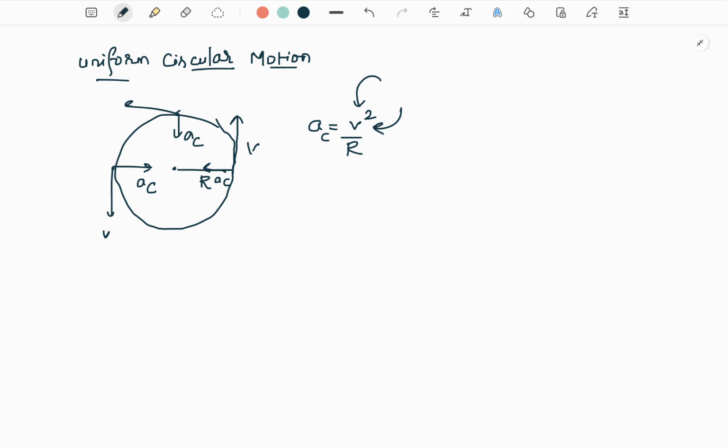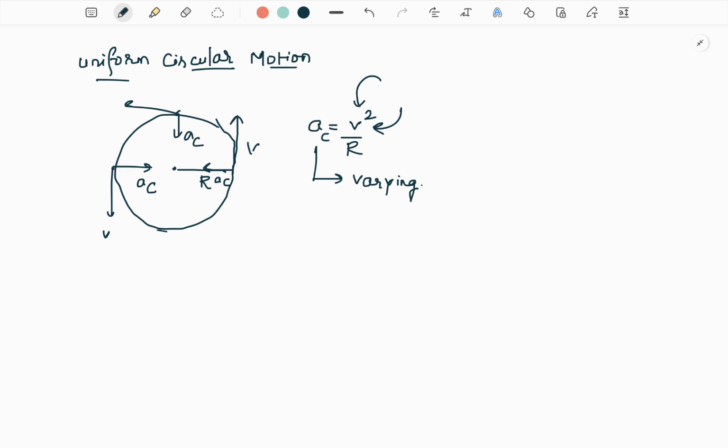But the acceleration at any point in its path is directed towards the center, so the direction is continuously changing as it goes in the circular path. Hence a_c is variable, not constant. We can't say the acceleration is constant just by looking at its magnitude, because direction also matters since it is a vector quantity.